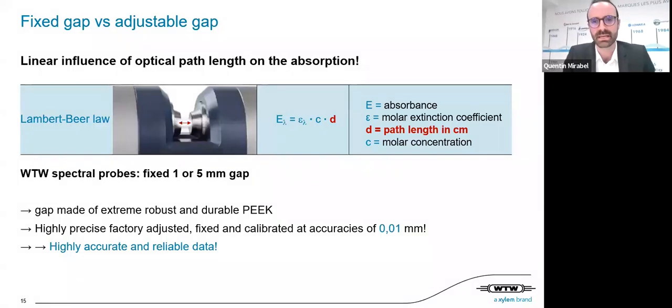It will allow you to have reliable data because our gap is factory adjusted, fixed, and calibrated. I can add as well that the material, which I will discuss later on, is extremely robust. You will see a picture then, and it is manufactured in durable PEEK.